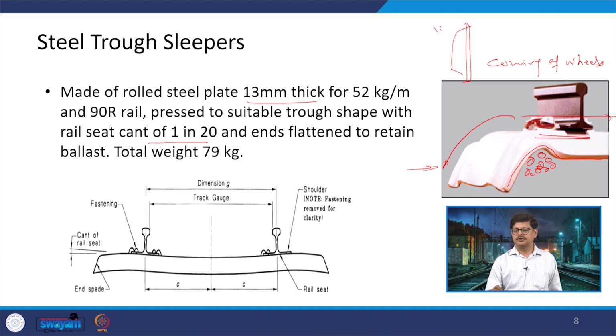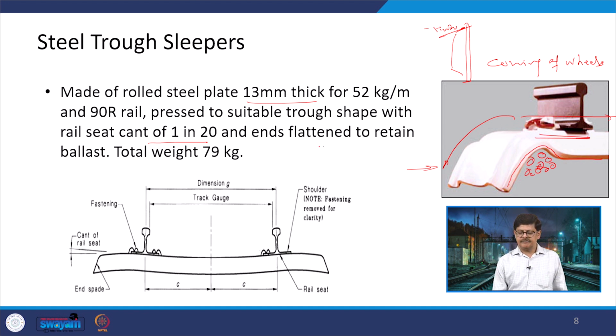So, this 1 in 20 was the slope which was given here with respect to the horizontal. So, that is a value which is being taken here. So, if we have provided a slope or a cant of 1 in 20 to the seat, then the rail gets a bit tilted, and now it will have a better contact area with the wheels.